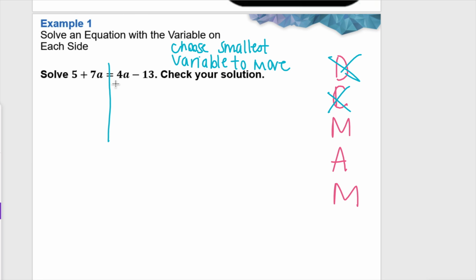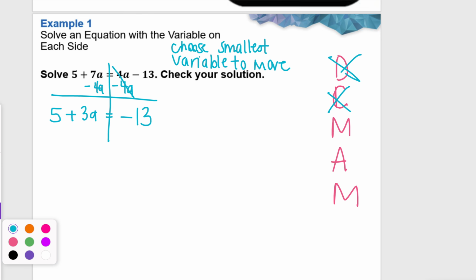So in this case, my smallest variable is the 4a. So in order to move that positive 4a, I'm going to do the opposite of positive 4, which is negative 4 or minus 4. These 4a's can cancel out, and I'm going to bring down that negative 13 on the right-hand side. And on the left-hand side, I'll be left with 5 plus 3a, because 7a minus 4a is 3a.